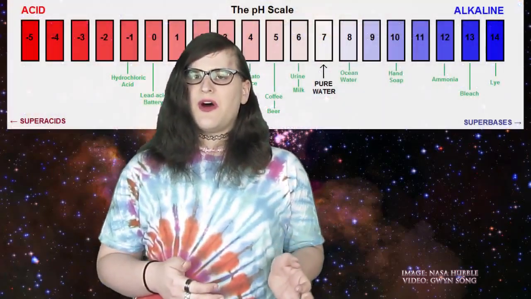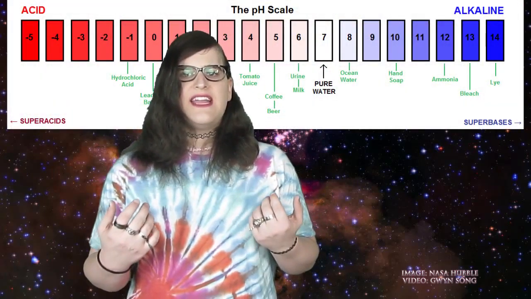Now, by definition, acids are anything that donates a hydrogen ion, and pH is a measure of the hydrogen ion concentration on a logarithmic scale. As hydrogen ion concentrations increase, pH deviates to a smaller number, indicating a stronger acid.